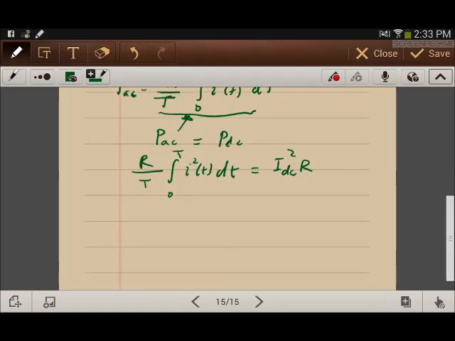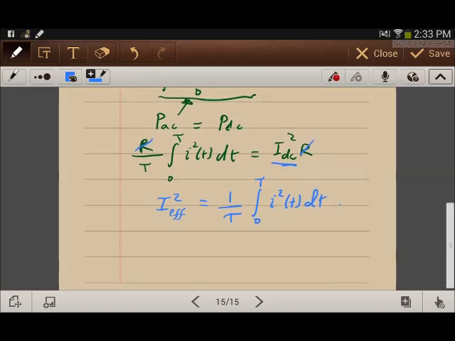Then we see here a resistor that goes with this resistor. Then IDC, or effective, squared, which is this one, will equal 1 over T integral from 0 to T i squared(t) dt.